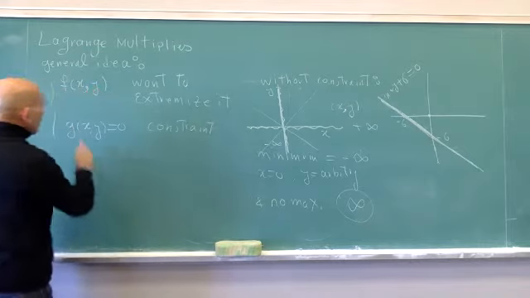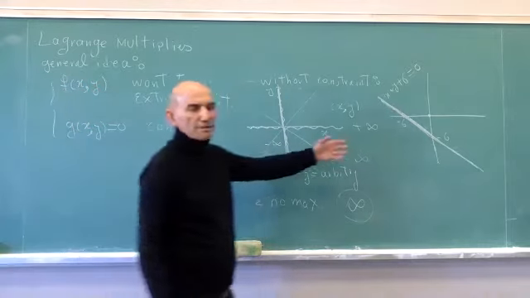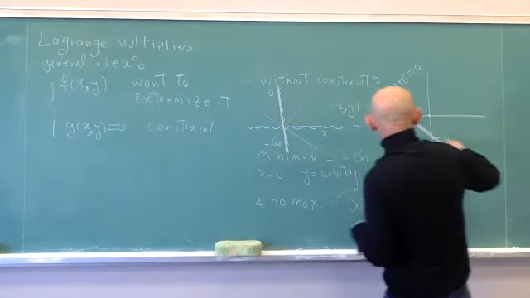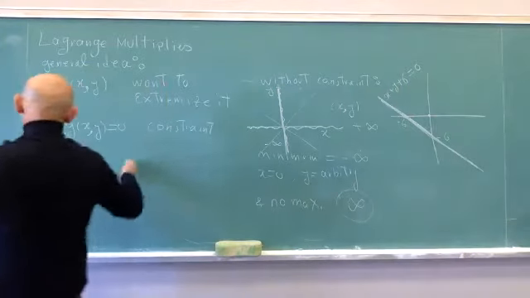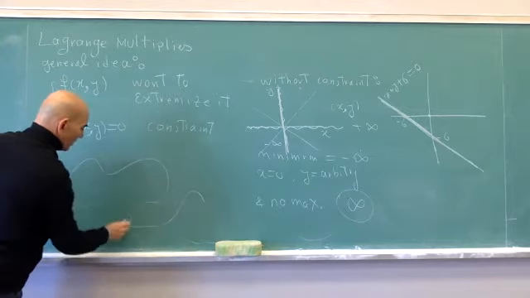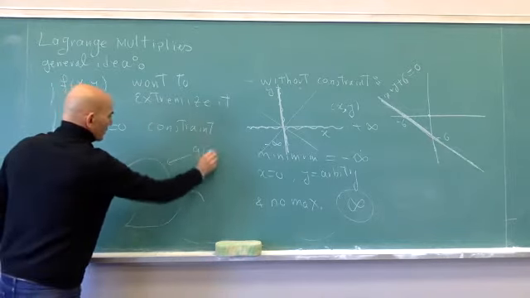Geometrically, when you think of g of x, y equal to 0, you're thinking of one of these curves in general. Of course, in this case, because it was a linear equation, it was easy. But in general, it could be a very complicated curve. So this is g of x, y equal to 0.